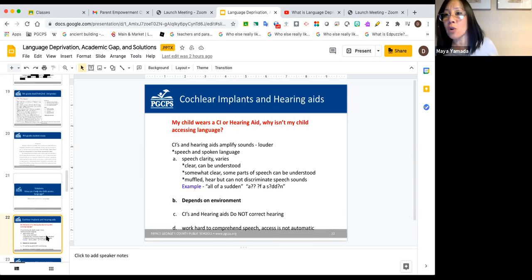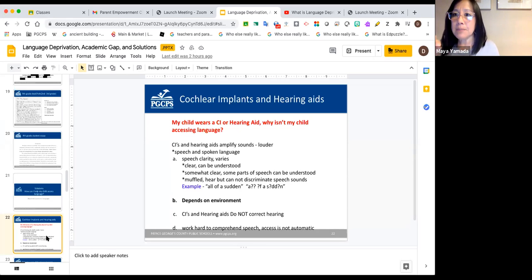I can't always understand. And that's where people misunderstand cochlear implants and hearing aids. You ask any deaf or hard of hearing person who wears it, and they will tell you that they can hear, but it doesn't always make speech clear.